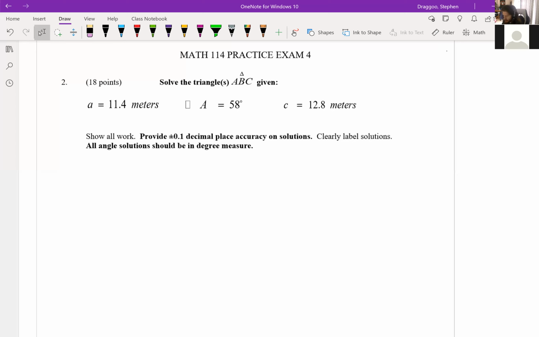So for this one, we're going to have to use the law of sines to start by solving for an angle, which is where that ambiguity will come from. So enough dilly-dallying, let's solve this thing. I've got sine of angle C divided by 12.8 is equal to the sine of angle A, which is 58 degrees, divided by 11.4.